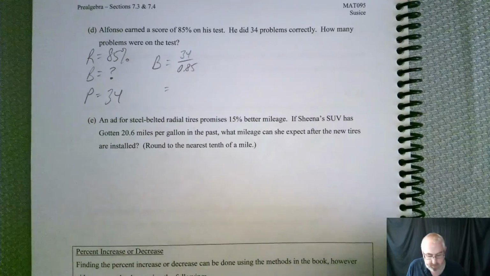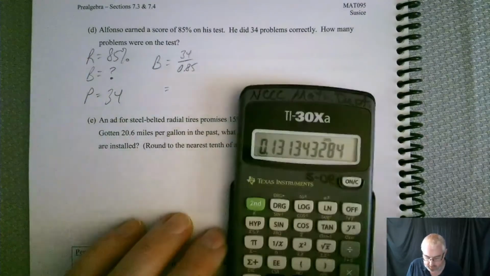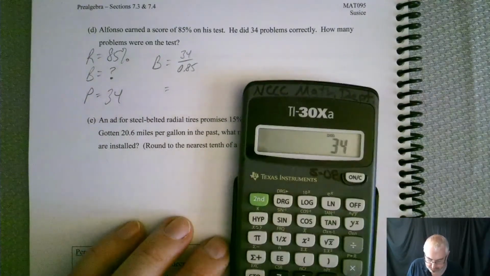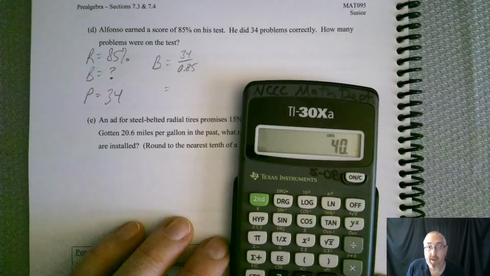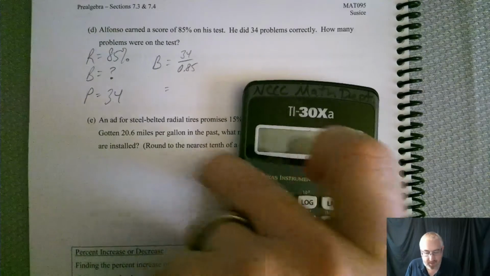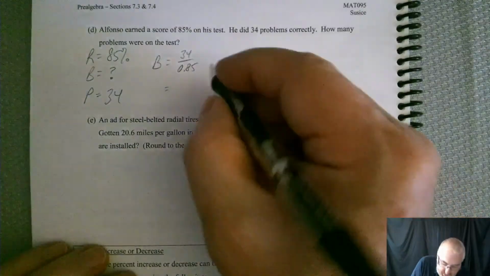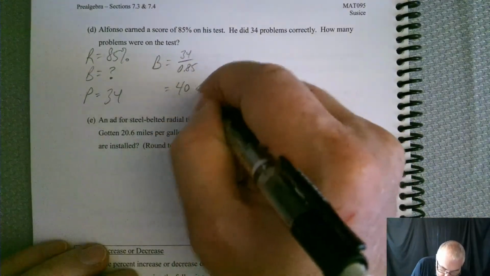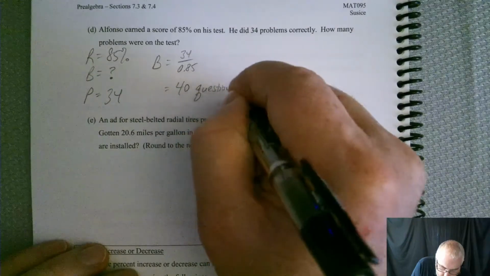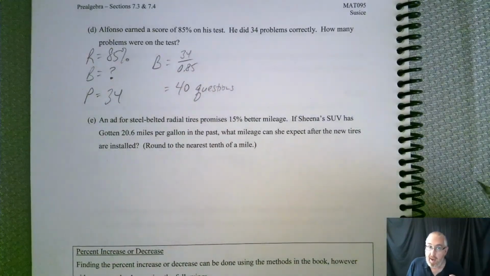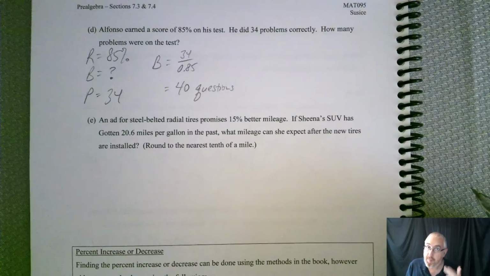So if we divide those, let's see what we get. We get 40. So that's kind of a nice affirmation that we probably got it right. Now, had you had those reversed, we would have had to multiply those two.